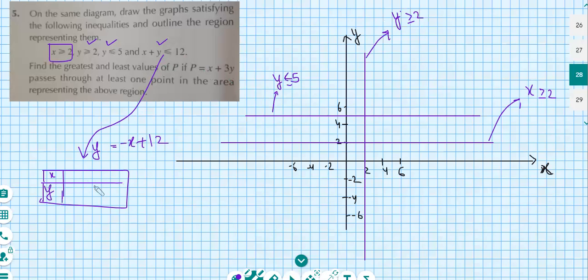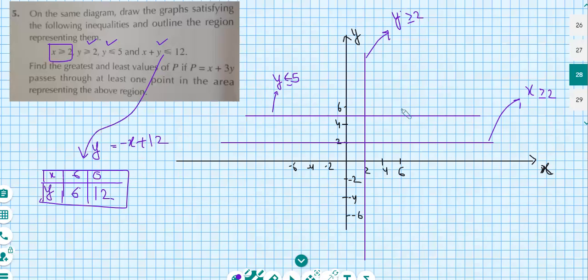Putting the values, if I put x equal to 6, I get y equal to 6 as well. You can see that. And if I put x equals 0, I get y equal to 12. So we have 2 points, 6, 6 and 0, 12.